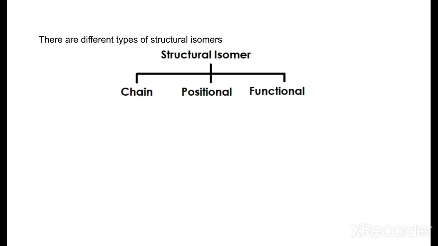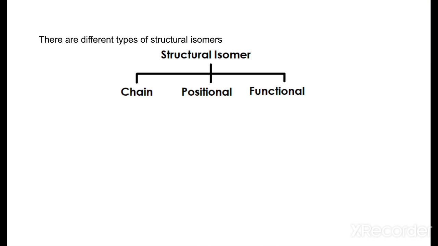There are different types of structural isomers. And what are those structural isomers? Here we can see structural isomers are divided into three main categories: chain isomer, positional isomer, and functional isomer.